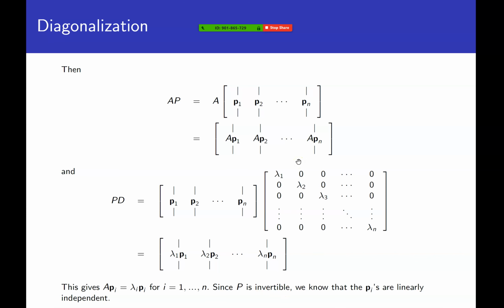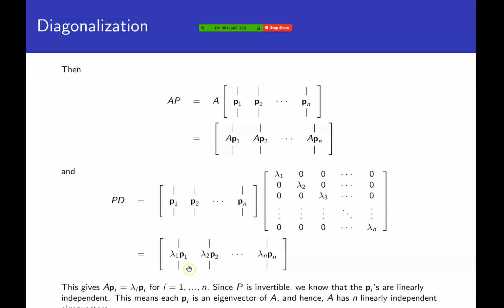If it's invertible, from that big mega theorem that we've talked about over and over again this semester, we know that the columns have to be linearly independent, okay? And when we have this equality, we also know that each of these P sub i's is an eigenvector. I know they have to be non-zero because I can't get a column of zeros or my matrix wouldn't be invertible.